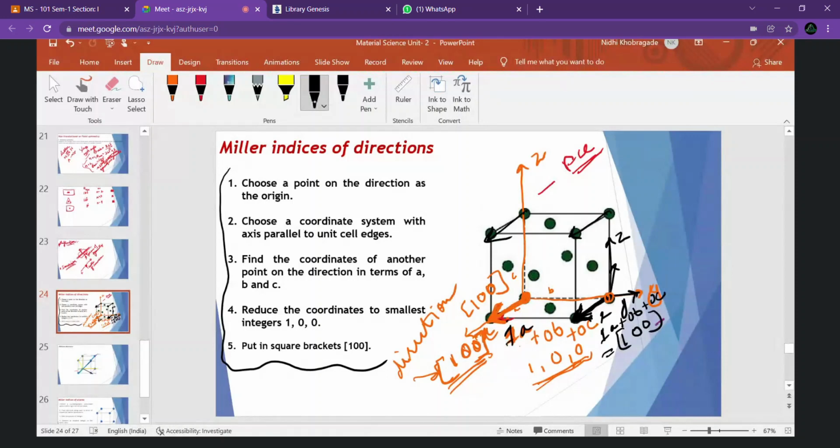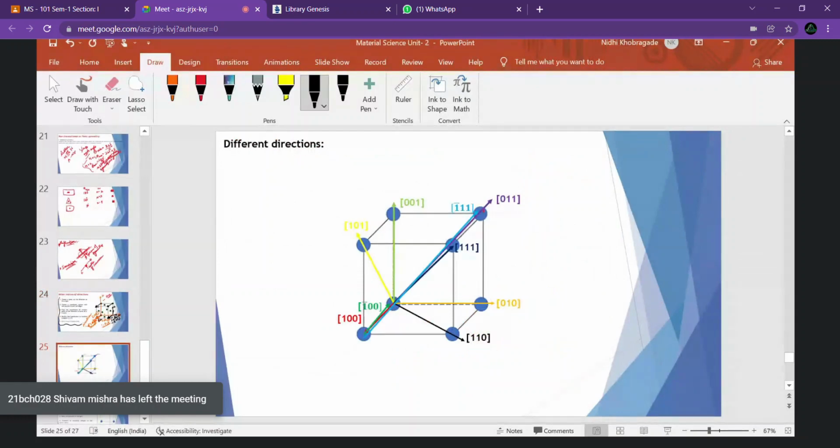Then it is parallel with the respective axes, so it will be 0b plus 0c. So the values are 1, 0, 0, which we have seen in the last class. According to this, we can measure the particular directions using the Miller indices. Next we will see certain examples like this.